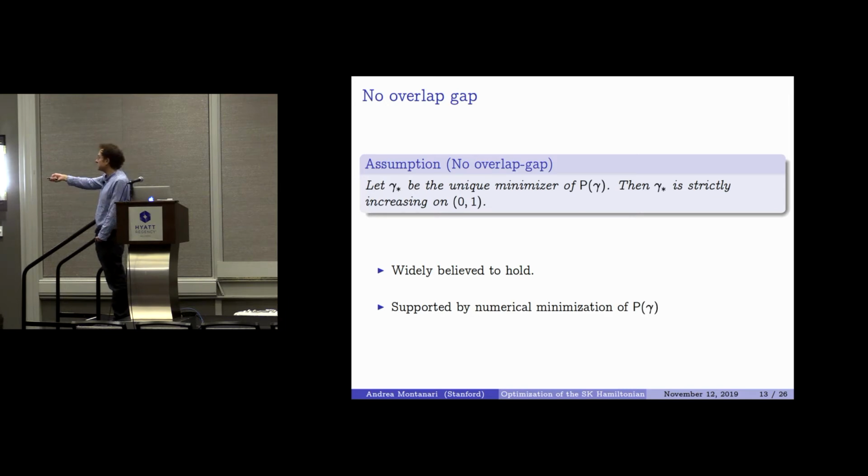You optimize this functional, and then the optimizer is strictly increasing. On the basis of both physical arguments and numerical solutions of this problem, this is widely believed to be true. If not, you can probably modify this problem to get a problem in which this is true. But it is an open problem to prove this analysis fact.